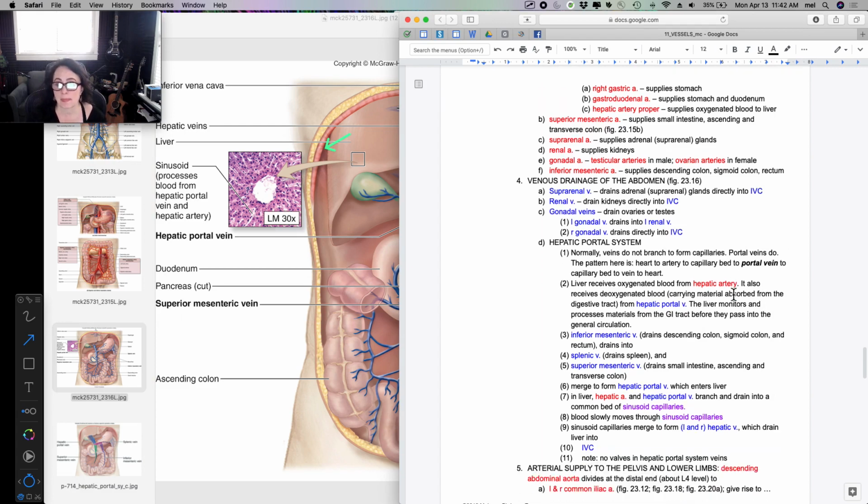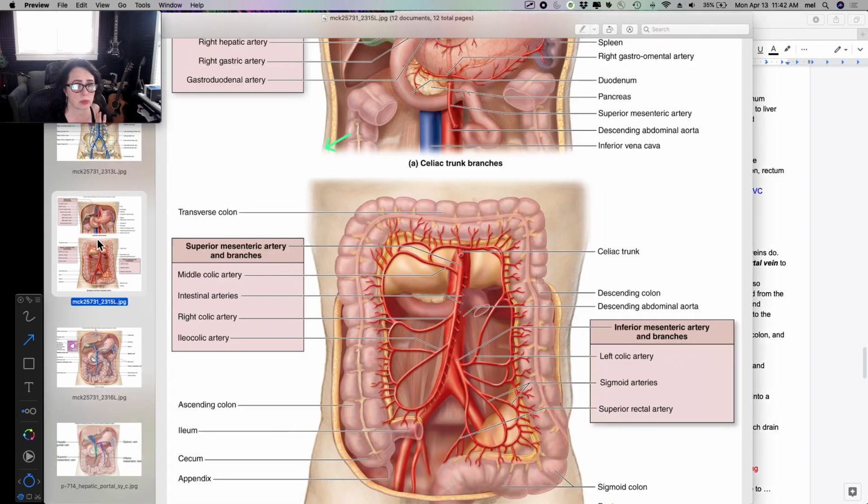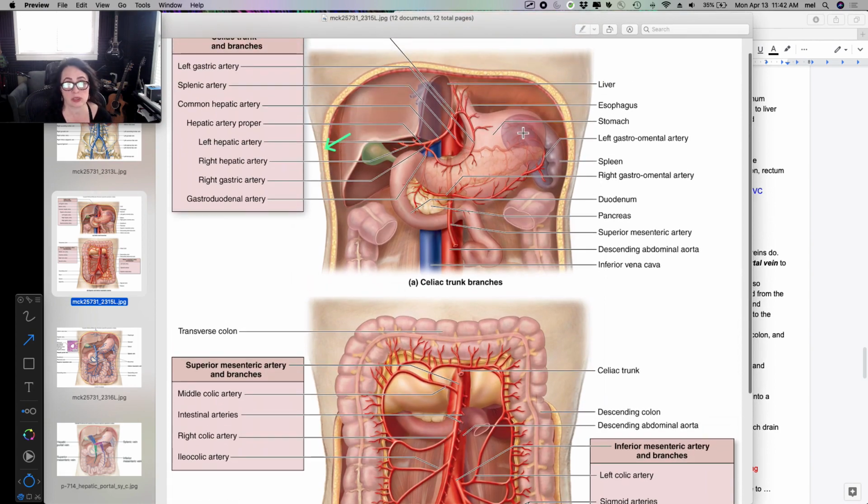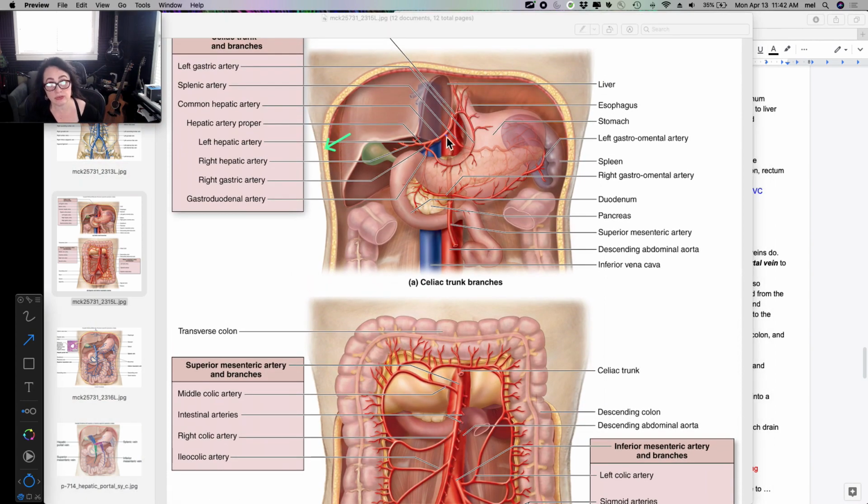So with the hepatic portal system, we're going to send everything through the liver first, but we have to acknowledge one weird thing: the liver actually gets two different kinds of blood. The liver gets high oxygen systemic arterial blood through the proper hepatic artery, into the liver's capillary beds.